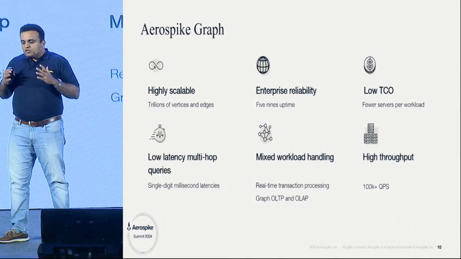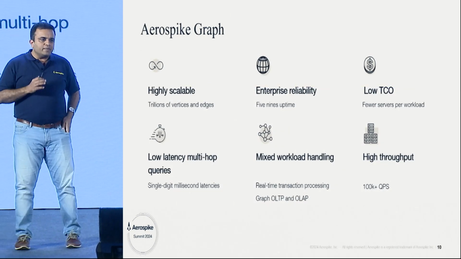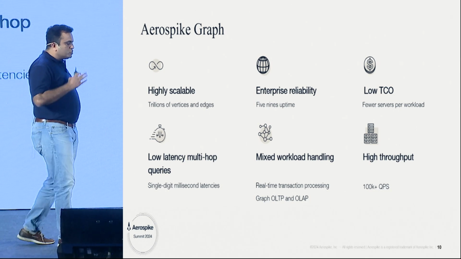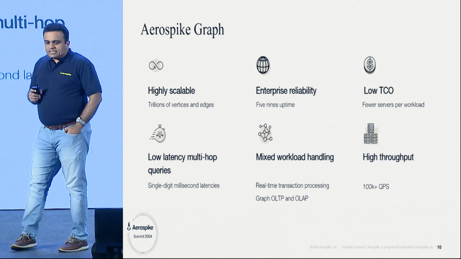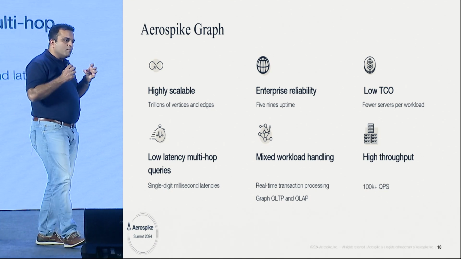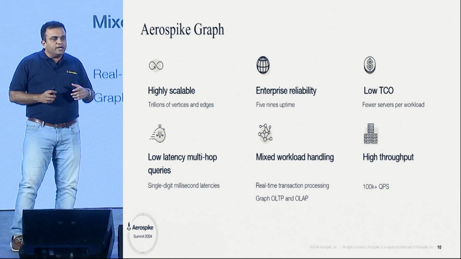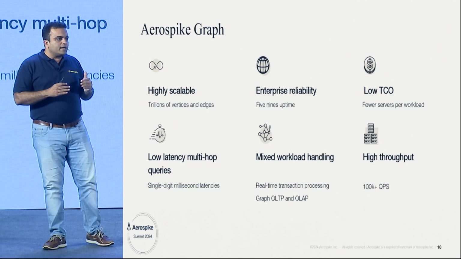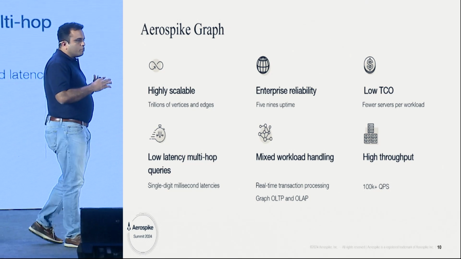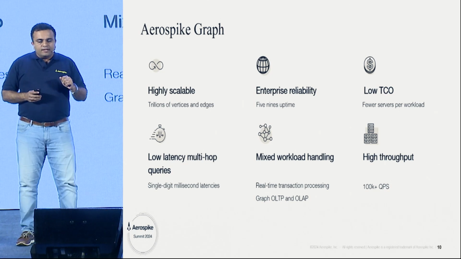So let's look at how Aerospike plays a role over here. Aerospike's graph database offering. We saw what is the need of the hour. Aerospike's graph database is highly scalable in terms of the amount of data it can store, in terms of the high throughput it can support, the throughput at single-digit latency for multi-hop queries.